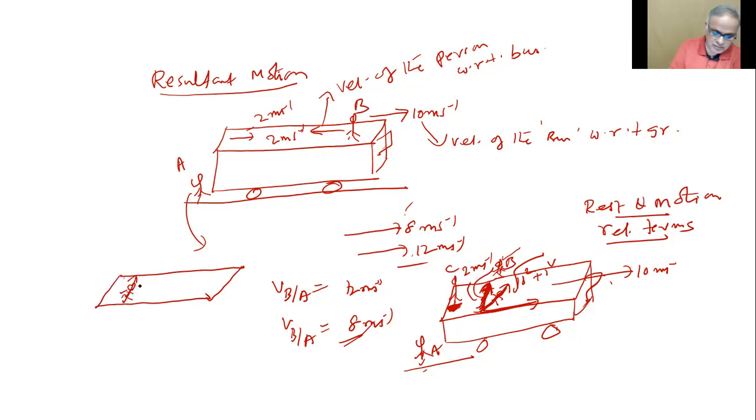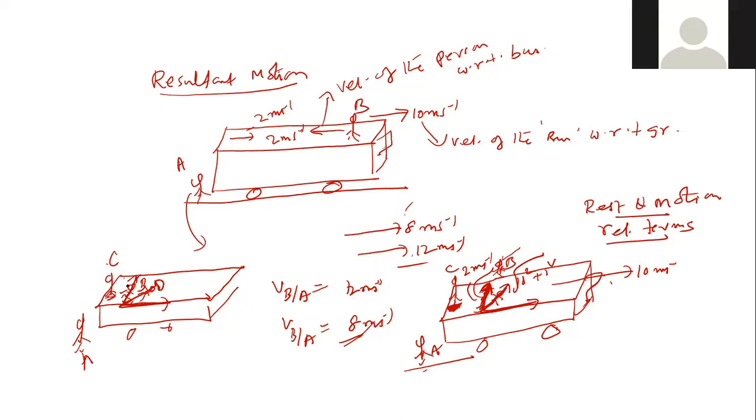See, we call him C, B. B goes like this for a person standing on the bus, who is C. And the person standing on the ground says the bus is moving this way and B is moving this way. So for A, B moves this way. For C, B moves this way. Is it okay, reasonable to you? Yes, sir.